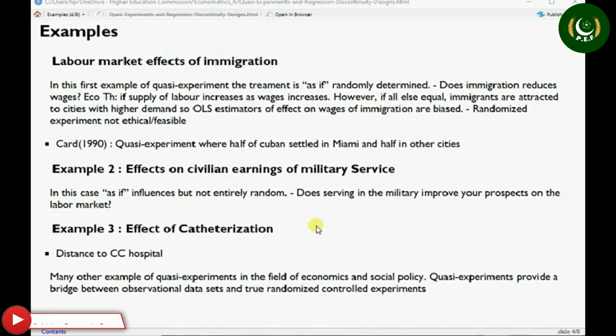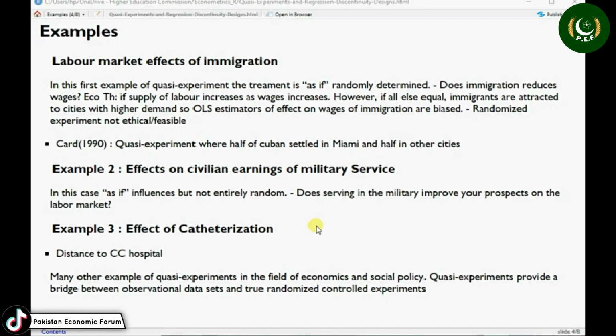Card took data from 1979 and 1981 from Miami and from Los Angeles, and then he used differences in differences estimators and found that there was not much effect of immigration on wages. Another experiment was from New Jersey and Pennsylvania, where one state increased wages and the other did not, and it was found that in general a wage increase does not affect labor demand.